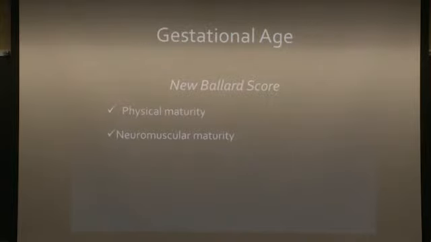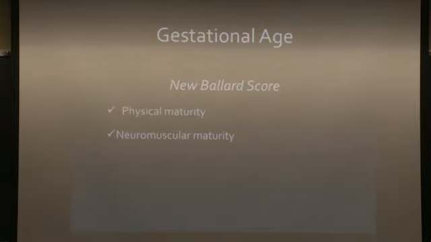The next thing we're going to do is check for gestational age. We do that by using the New Ballard Score, and it's used to measure maturity of the infant. Physical maturity is assessed by observing body elements, such as the skin, the presence of lanugo hair, breast tissue, plantar creases, ear cartilage, and genitalia.